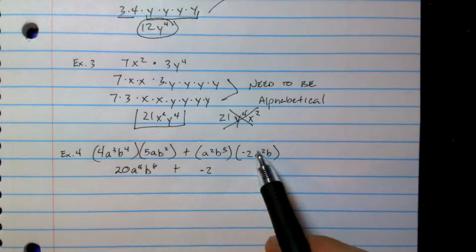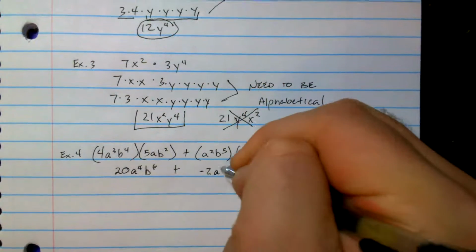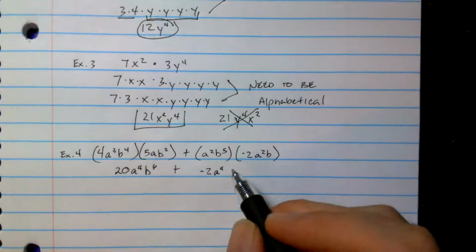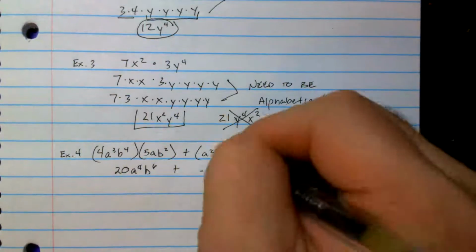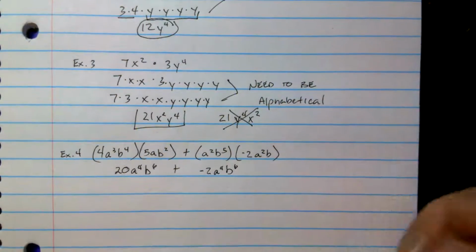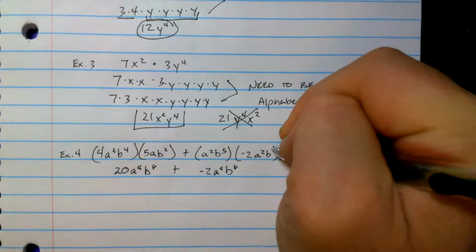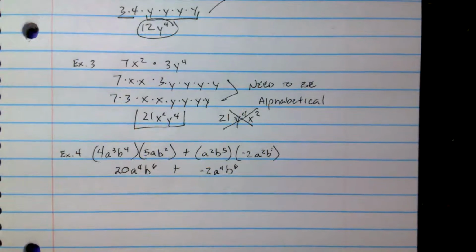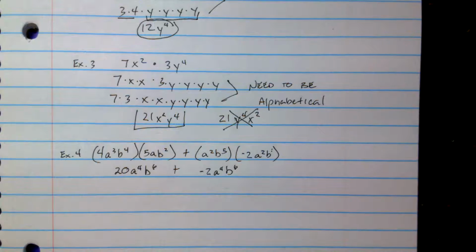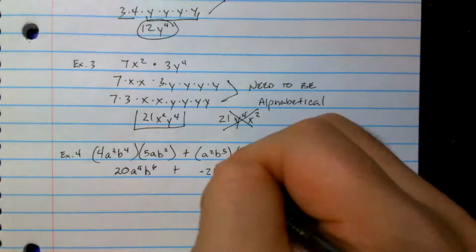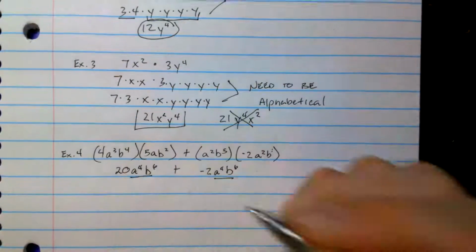A squared and A squared would combine to make A to the fourth, and B to the fifth and B is B to the sixth, because there is an understood 1 right there. All right, so now we've got matching labels, right? A4B6, A4B6.